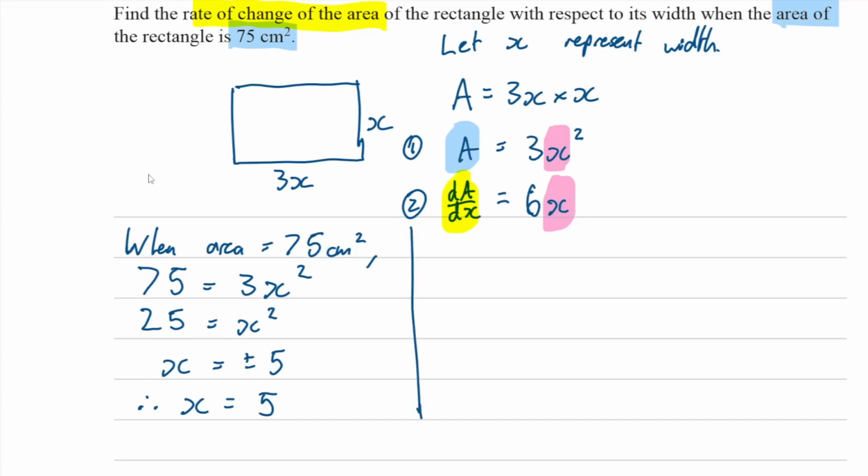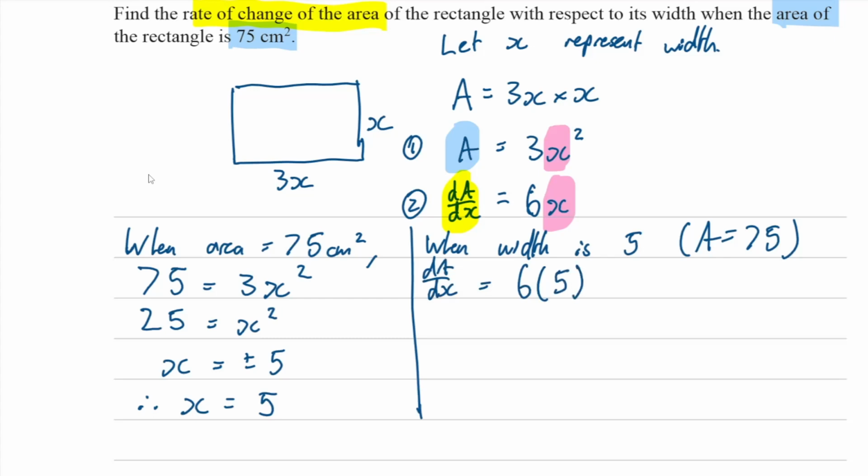So now we need to find the rate of change at that specific width. So when width is 5, which corresponds to an area of 75, the rate of change of area with respect to width is 6 times the width, which is 30.